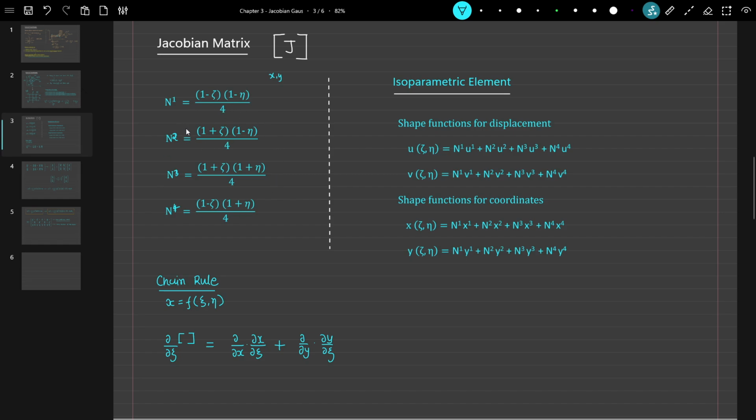So these are our shape functions in natural coordinates. Now for the displacement, as we know, we first have to assume a trial function. So we can write x displacement u and y displacement something like this: n1 u1 plus n2 u2 plus n3 u3 plus n4 u4, where n1, n2, n3, n4 are shape functions in natural coordinates zeta, eta.